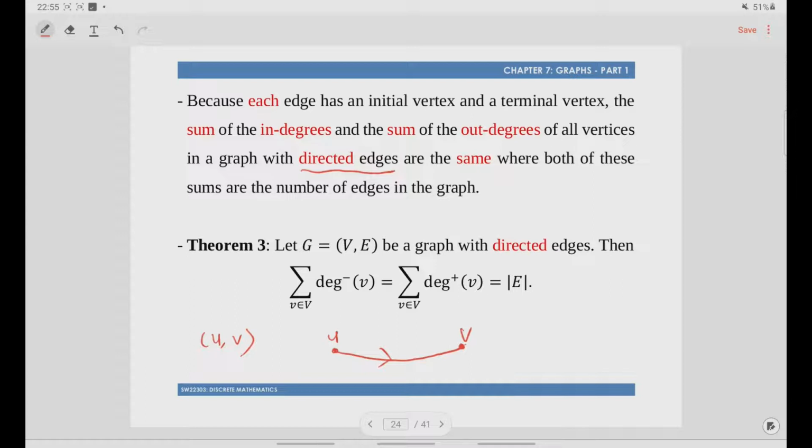Suppose G is a graph with vertex set V and edge set E, with directed edges.